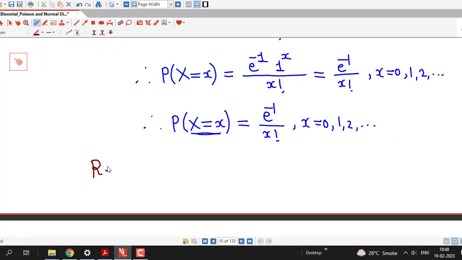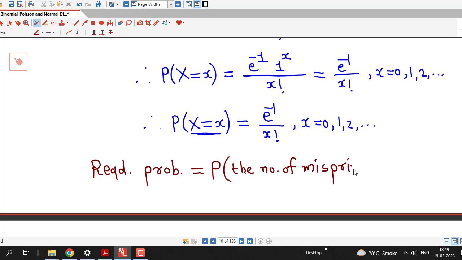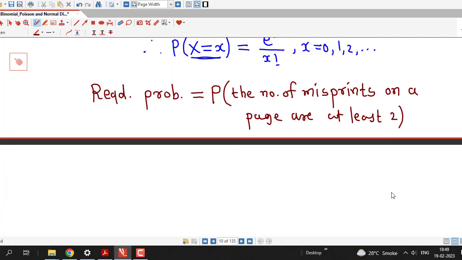So the required probability is equal to the probability that the number of misprints on a page are at least 2, and in terms of the random variable this is the probability that capital X is greater than or equal to 2.